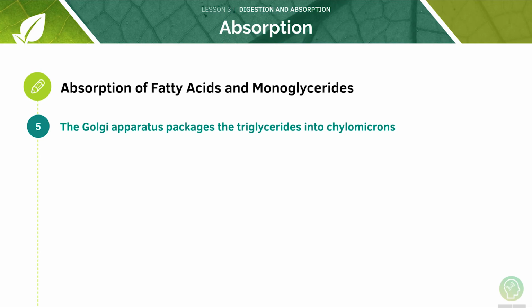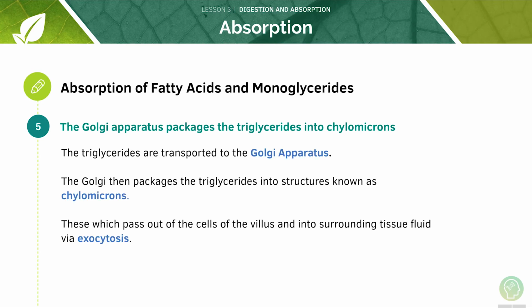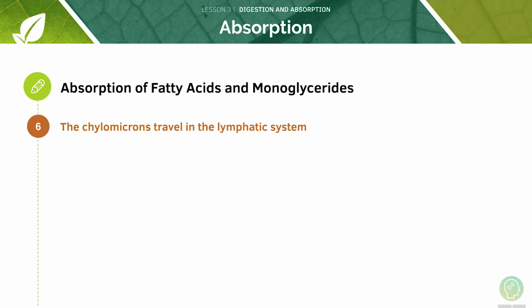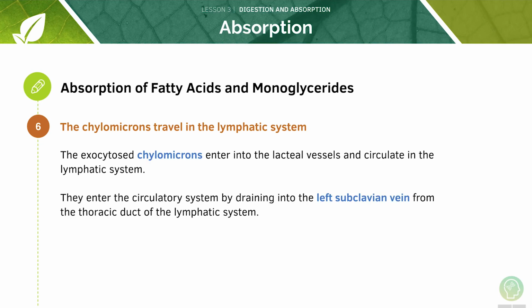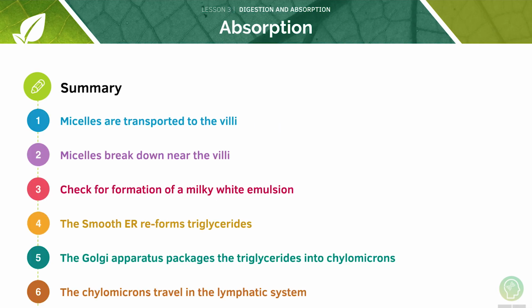Then, the Golgi will package the triglycerides, which can pass out of the cells of the villus. Then, the chylomicrons will travel into the lymphatic system, and they can enter the circulatory system via the left subclavian vein. Here's another summary for your reference. It's really important you know this for your exams, so make sure you learn these 6 steps well.